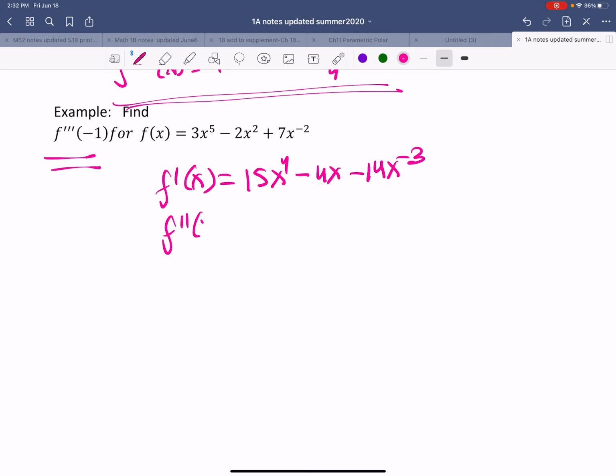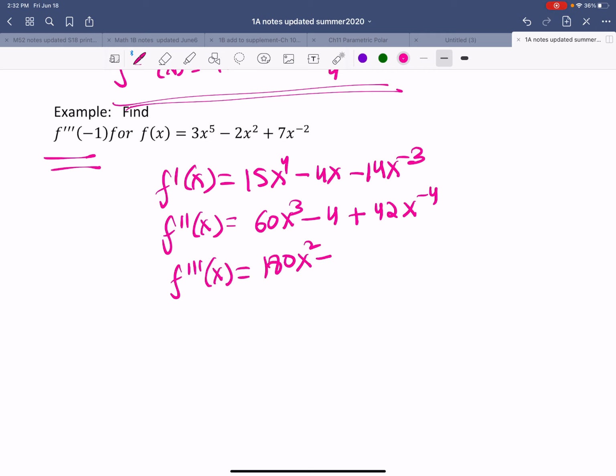The second derivative would be 60x to the third minus 4 plus 14 times 3 is 42x to the power negative 4. The third derivative would be 180x squared, and the derivative of 4 is going to be 0. 42 times 4 is 168, 168x to the power negative 5.